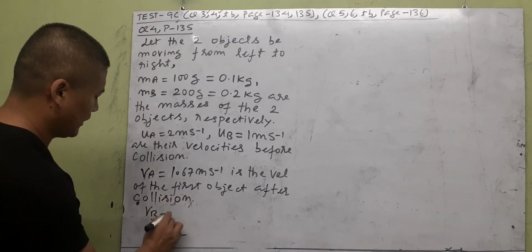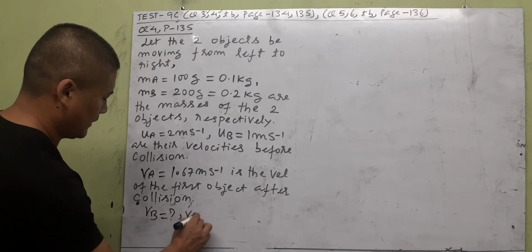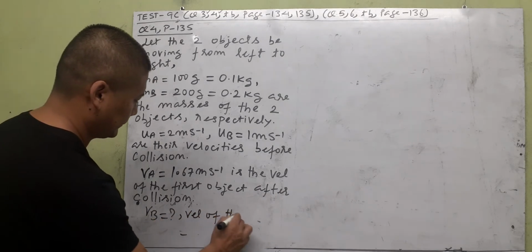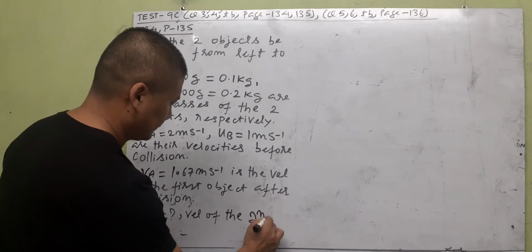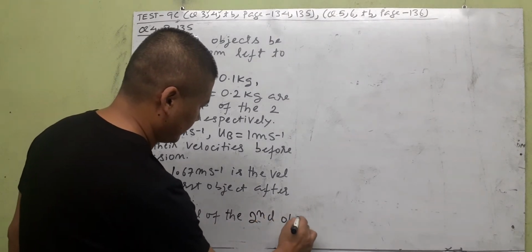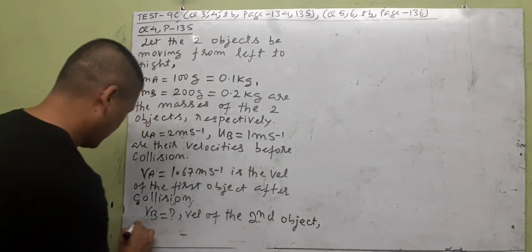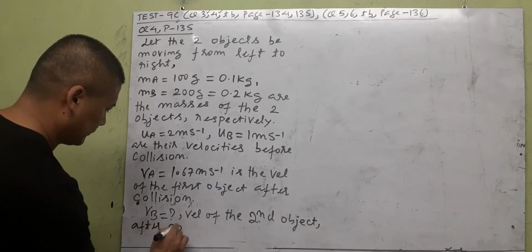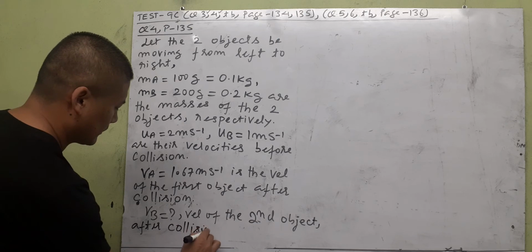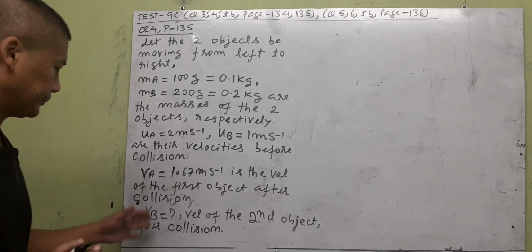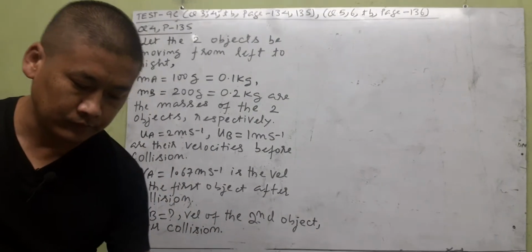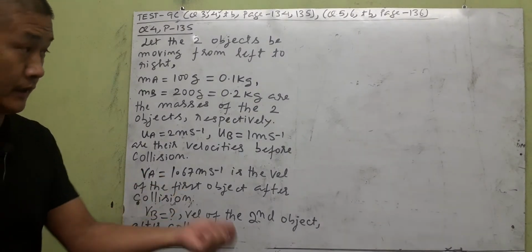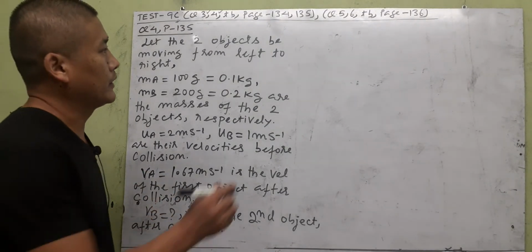VB is obviously unknown, the velocity of the second object after collision. Okay, now determine the velocity of the second object. So this VB we have to find.